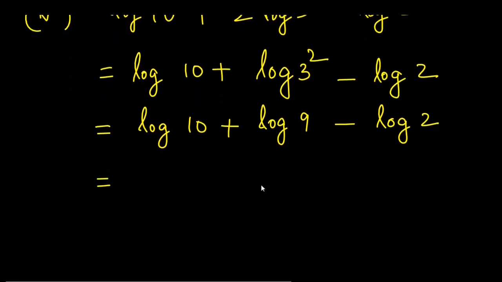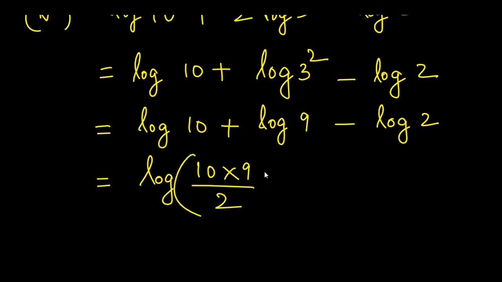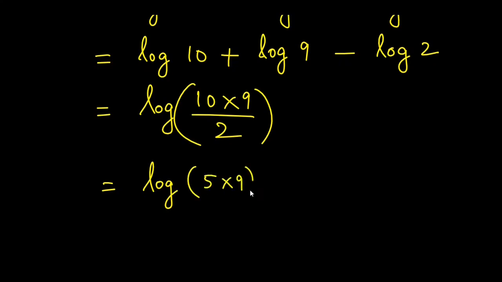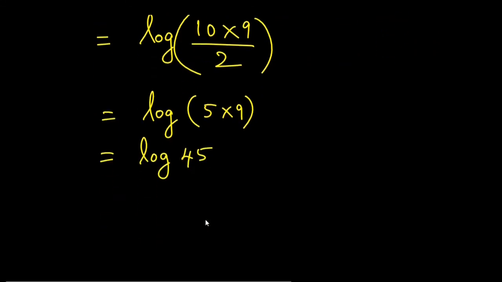By applying product rule and quotient rule, we get log of 10 into 9 by 2. So here we can cancel out 2. We get 5. Log of 5 into 9. This is log of 45 to the base 10. The value can be looked up in the tables.